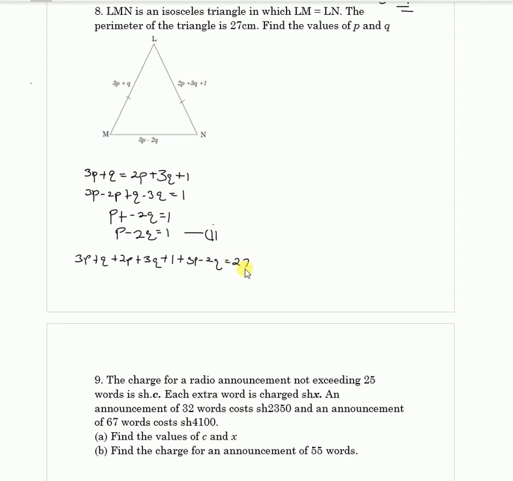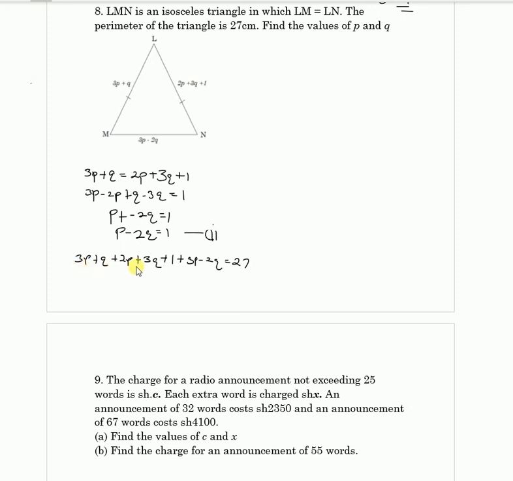The answer I get should be 27. You add everything, and you get 27, which they are claiming is the perimeter.